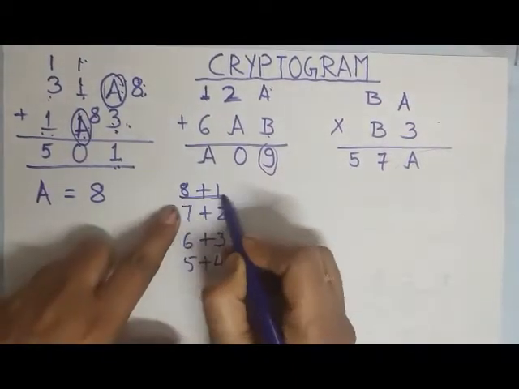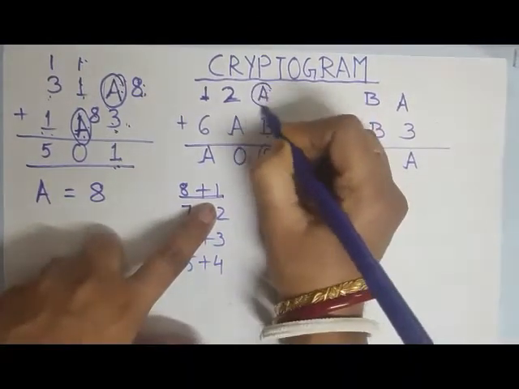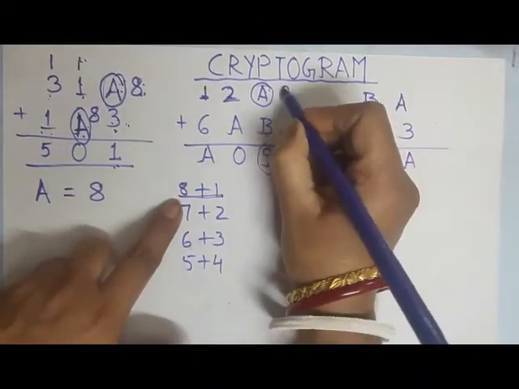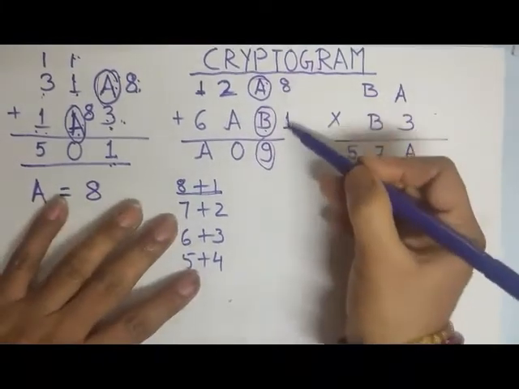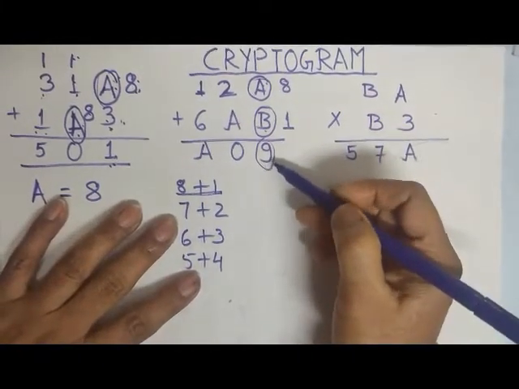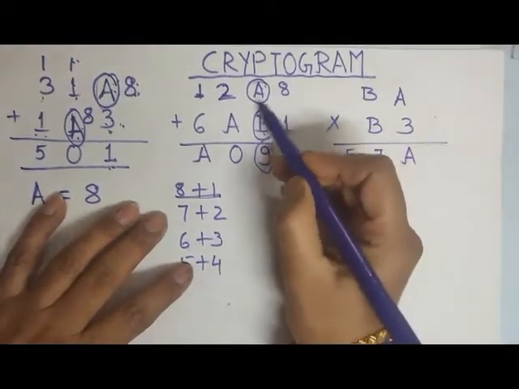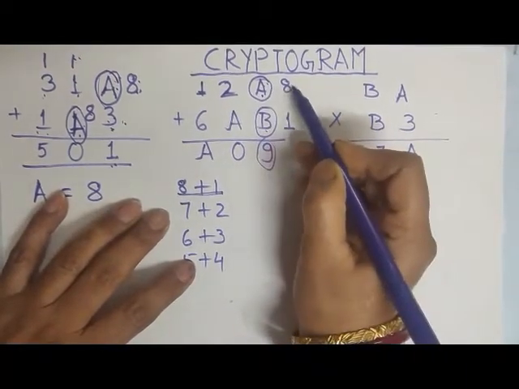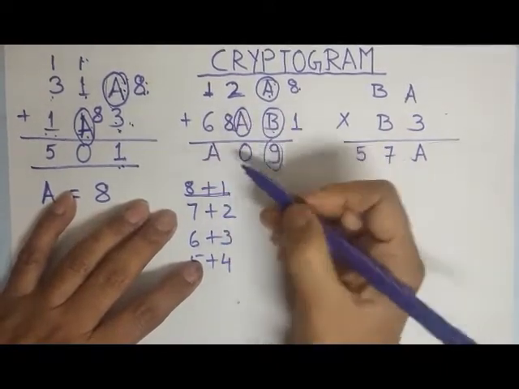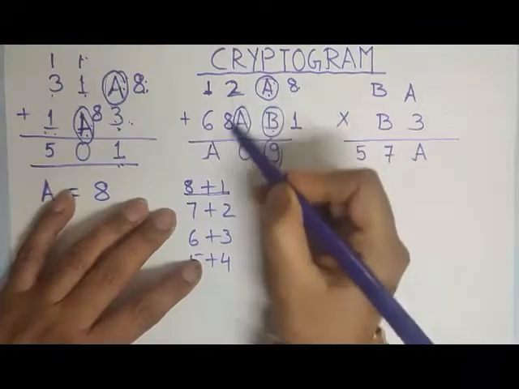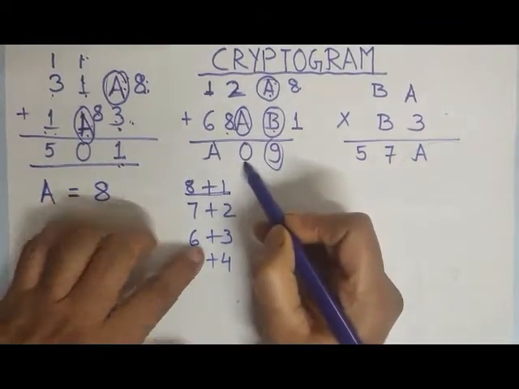If we consider A as 8 and B as 1, then 8 plus 1 gives you 9. Now, once A is taken as 8, here also we have to take 8. Now 2 plus 8 is 10.